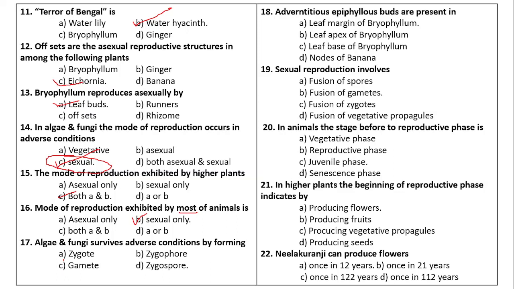And zygospore is nothing but a structure formed from a zygote, which is covered by a spore on the outer side. If the zygote is covered by a spore layer, it is called a zygospore. This zygospore helps algae and fungi survive the harsh climatic conditions out there. Is that clear?